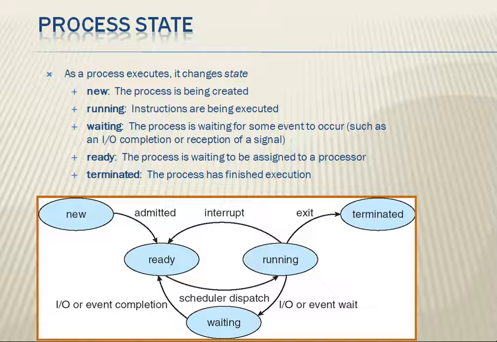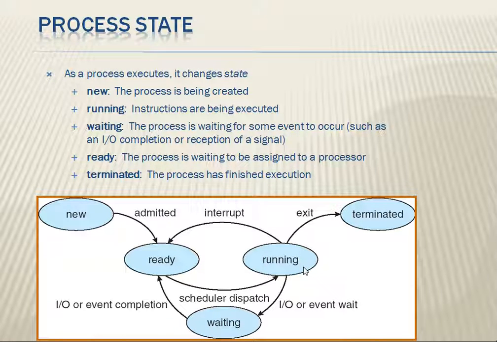So this diagram illustrates all of the states that a process goes through throughout its life cycle. See, when a process is created, it is in its new state. When it is admitted to ready queue, indicating that now it can be executed by the processor, then the state has been changed. Now it is ready state. When a processor is allocated to this process, it enters from ready state to running state.